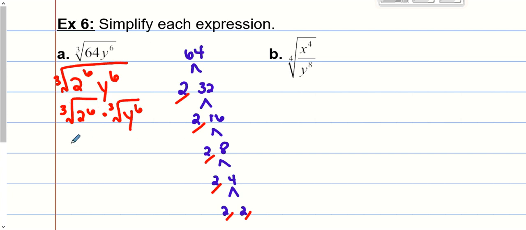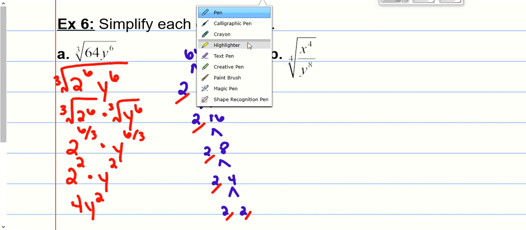So I can rewrite that as 2 to the 6 divided by 3 times y to the 6 divided by 3, and they divide evenly. 6 divided by 3 is 2, so that's going to be 2 squared times, and again 6 divided by 3 is 2, so y squared, which is going to leave me 2 squared is 4y squared. And that one is totally simplified.